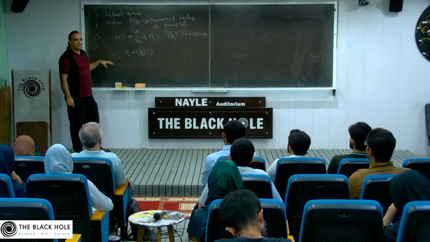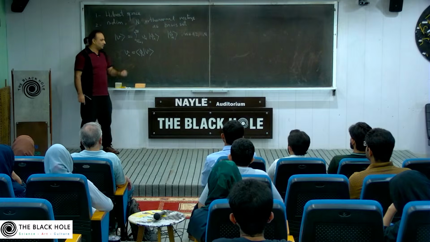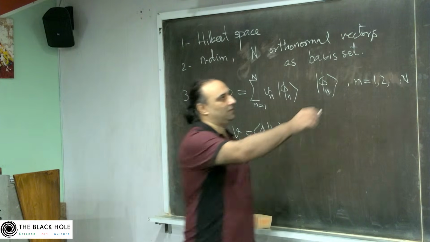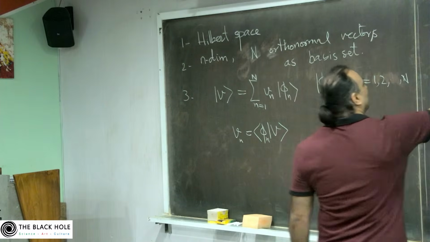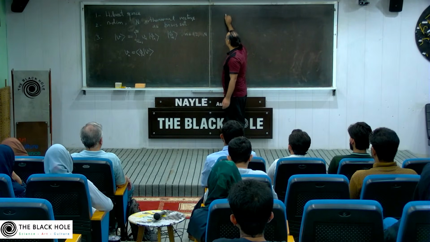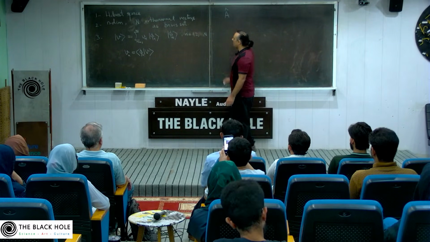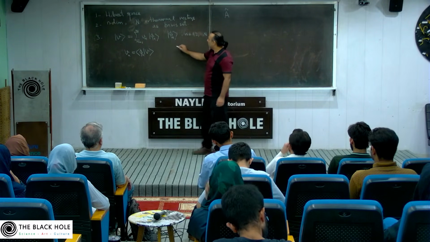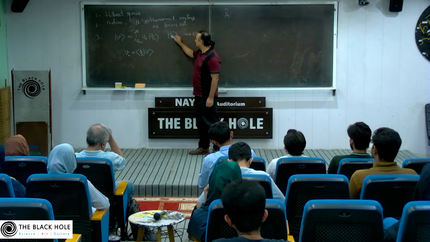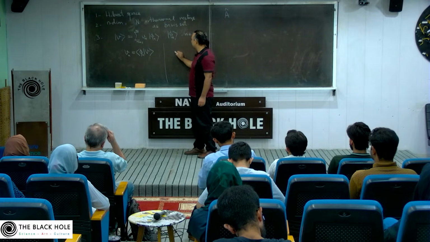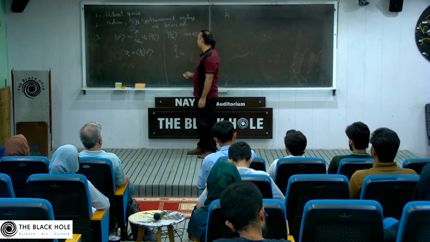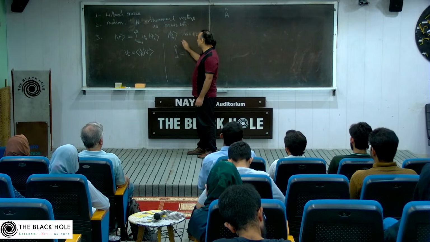So this is what we saw last time, and what we are going to do now is represent operators in this space in terms of these basis vectors, and it's very simple. So let me start from here. Let's take an operator A in this Hilbert space. If this is our basis, then the easiest thing is we can write the identity operator in this space in terms of these.